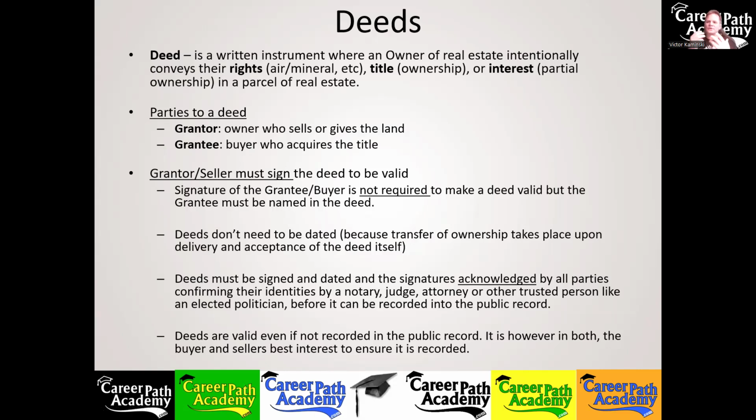That person either is saying that they know you, or they checked your ID with reasonable certainty and have identified who you are. And deeds are valid even if not recorded in the public record. However, they should be recorded.